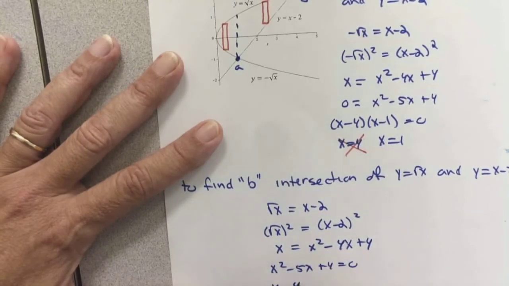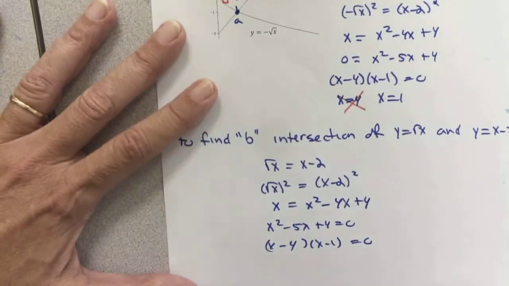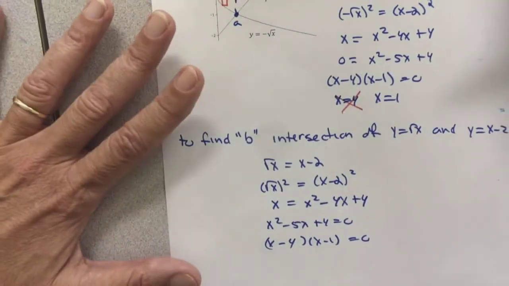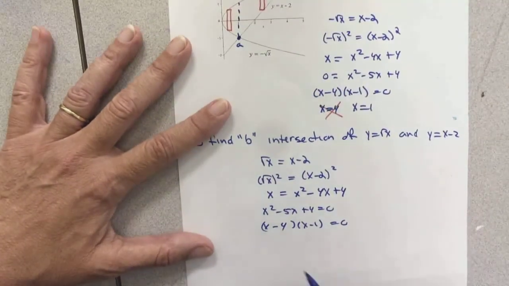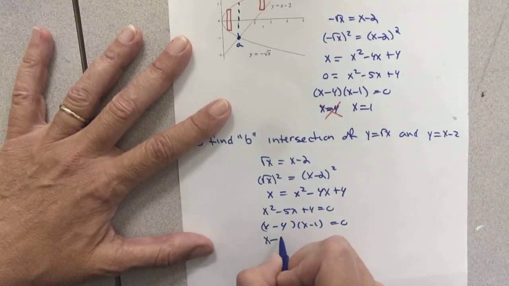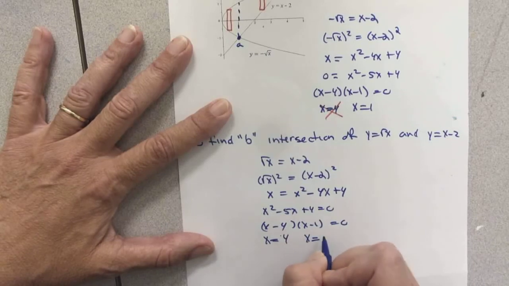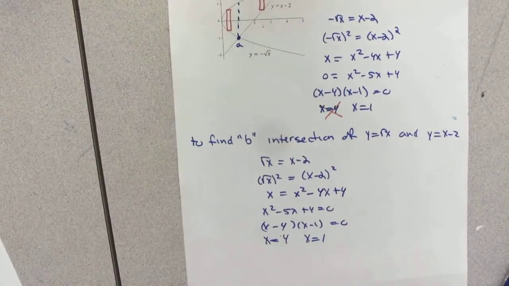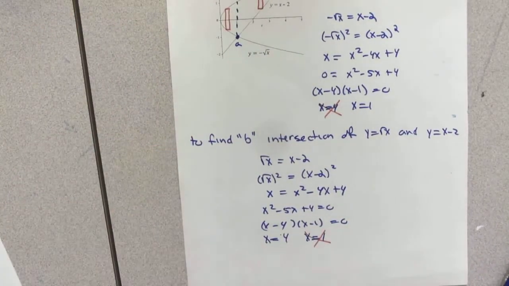It's just that this time we will pick, based on our graph, the appropriate one, which is 4.